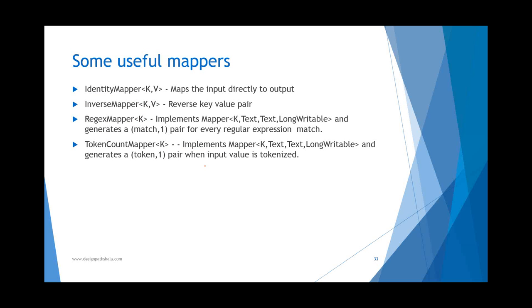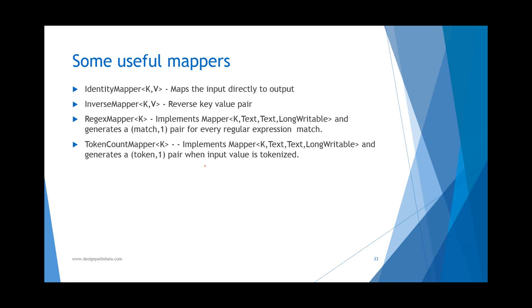As the name itself suggests, the identity mapper does not do anything. It will just produce the key and value pair as it is passed to it. So if you don't want to do any processing in the mapper phase, you can use this identity mapper. And then there's the inverse mapper, which will just invert your input.